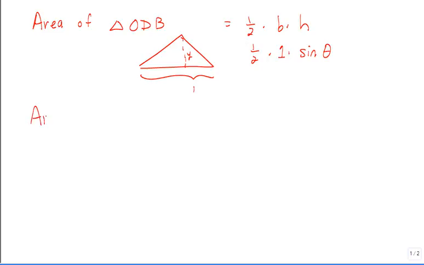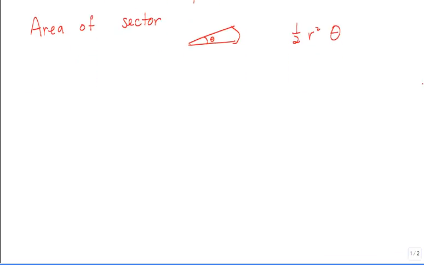And then we have the area of the sector. A sector is like a piece of pie, and that's this shape, where this is theta. And that's 1/2 r squared theta. That's the formula for the area of a sector. And our r, since it's the unit circle, is 1, so the area of sector ODB is 1/2 theta, because r is 1.